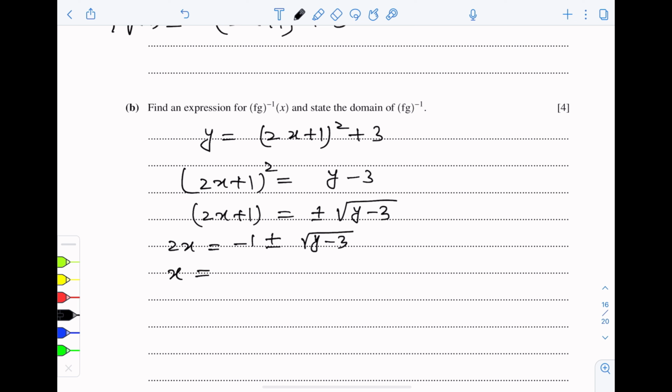Now x is equal to, we divide the right side by 2. Each term will be divided by this 2. So this becomes -1/2 plus minus 1/2 square root of y - 3.